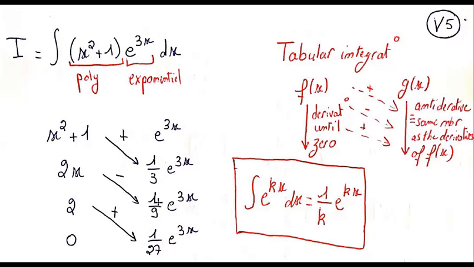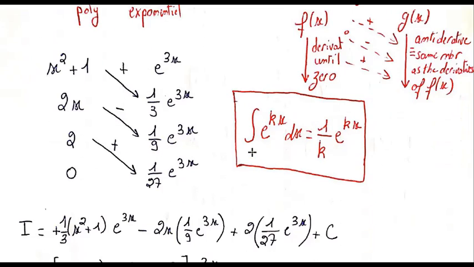Then it becomes 1/9, because it's 1/3 times 1/3 e^(3x), and then 1/27 e^(3x). Then we join the first to the second, second to the third, third to the fourth, each one with the one below it. And we put these signs, so plus, then the opposite, minus, then a plus.